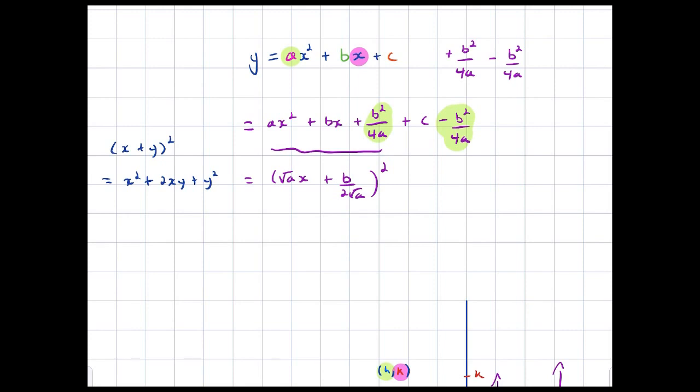So if I know that this is a perfect square, then when I collapse it, when I go in the opposite direction, I know that the first thing here, the x, has to be the square root of the square term there. And what is the square root of ax squared but square root of a times x?